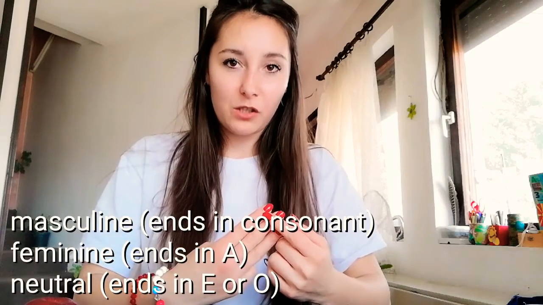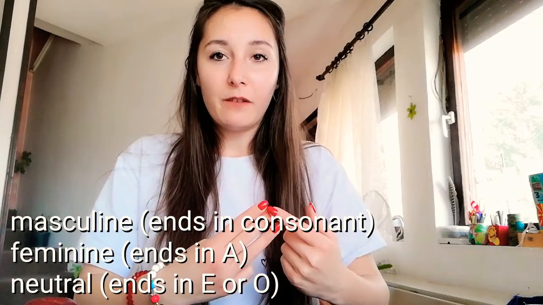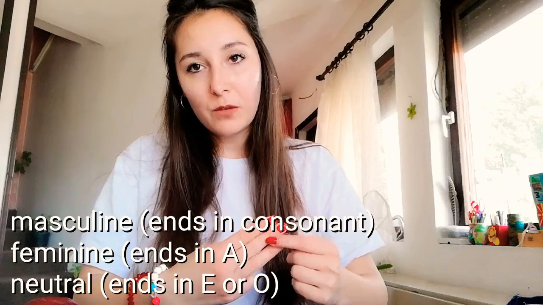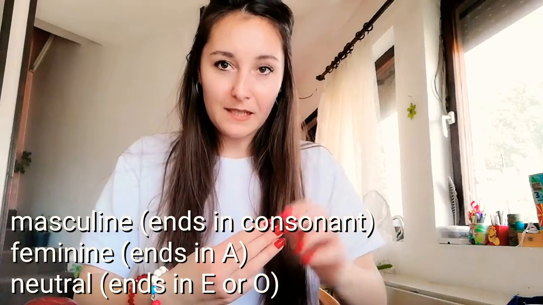So, what is important about making the plural is that first of all, we need to know what's the gender of the noun. So, we had 3 genders in the Macedonian language, okay? If you haven't watched that video, I recommend you to watch it before this.